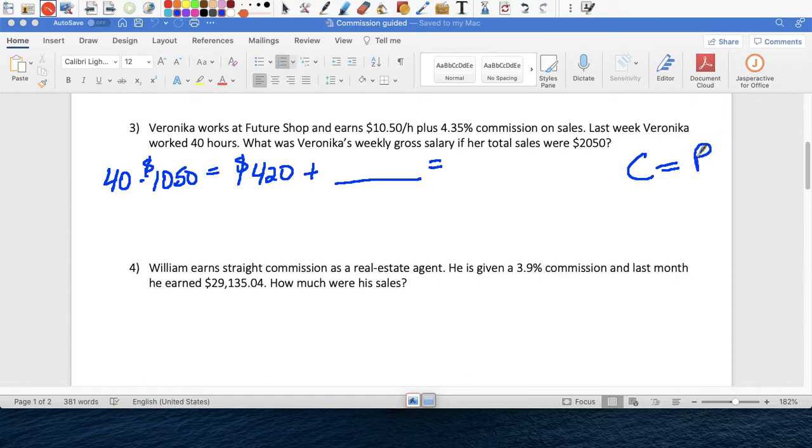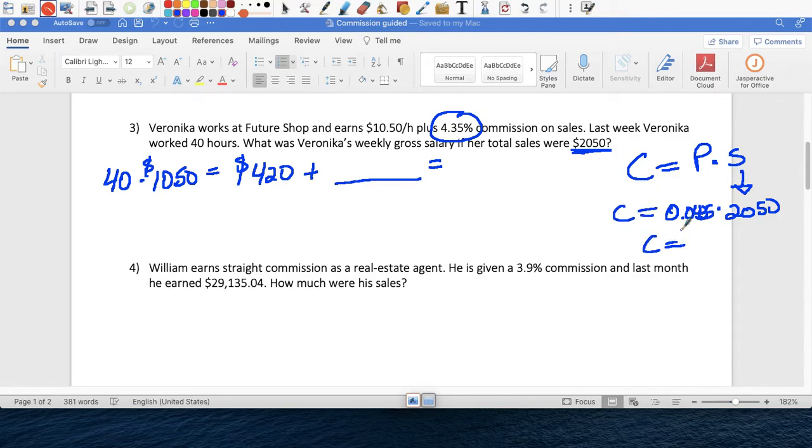Commission is percent times sales. Last week her total sales was $2,050. The store is going to give her a little bit of that $2,050. How much? 4.35%, which we're going to change to 0.0435. And that's going to tell us how much she takes.